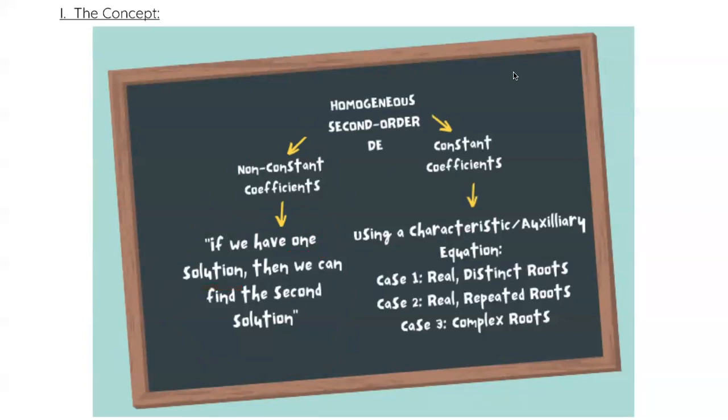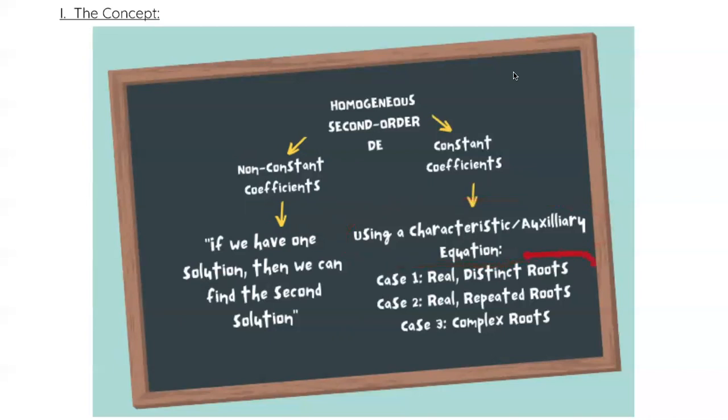I'm sure you would feel really bad about that, but we needed that one solution to solve for the second. What we're going to take a look at today and tomorrow is the cases where those coefficients are actually constants. In fact, they are numbers. And we're going to explore something called a characteristic or auxiliary equation.